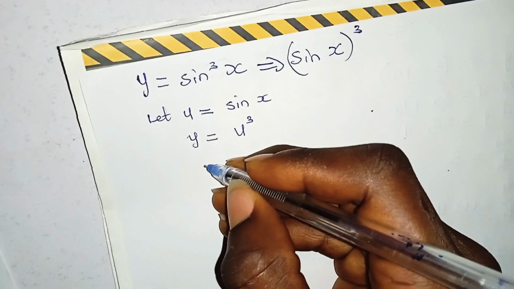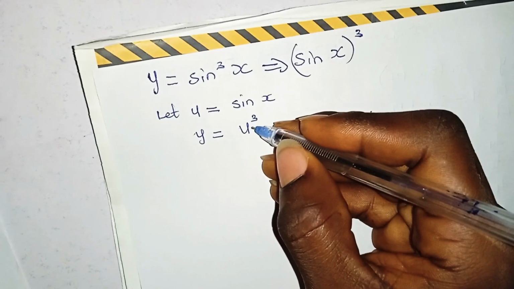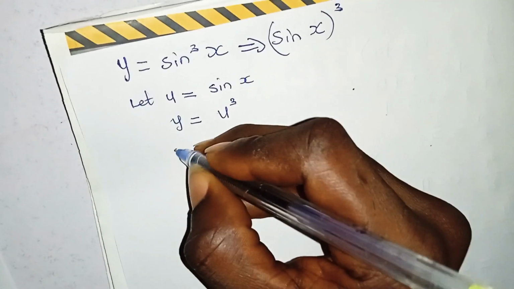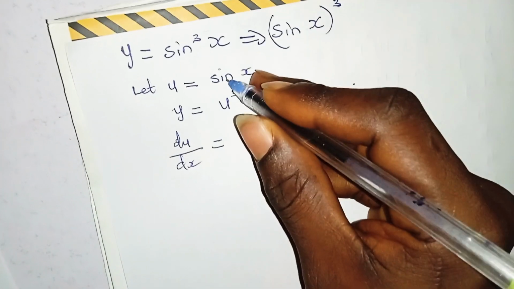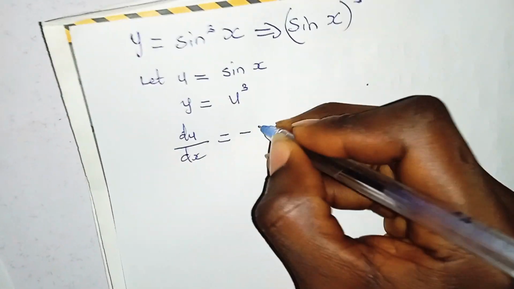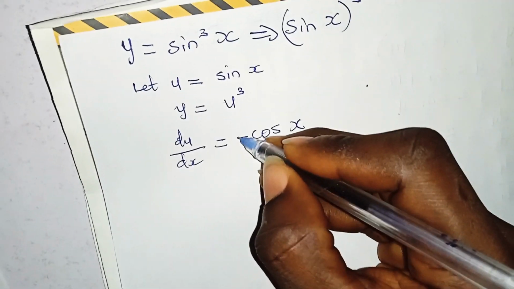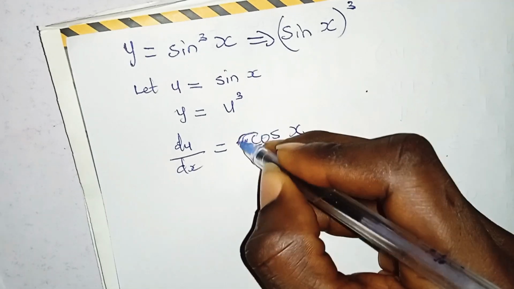So that I know that if that is the case, this is going to be the same thing as saying du/dx is equal to the derivative of sin x, which is cos x.